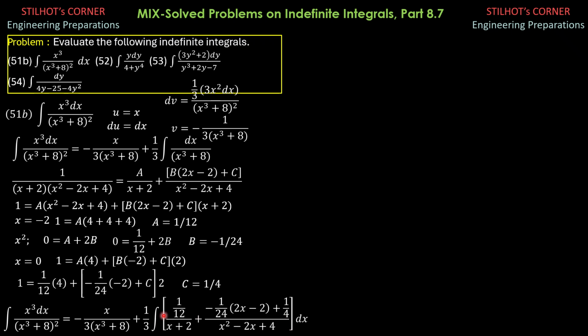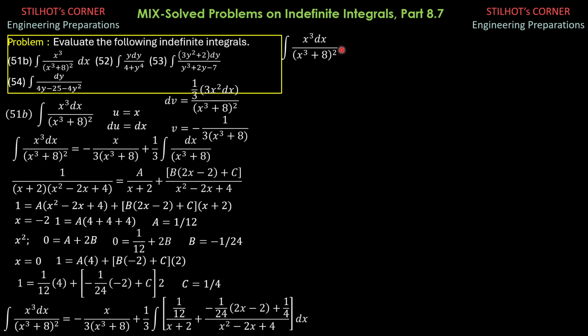So if we distribute 1/3, we have 1 over 36 ln of x plus 2. Then 1/3 of negative 1 over 24 is negative 1 over 72 ln of x squared minus 2x plus 4. Then we concentrate on the last term, 1/12 integral of dx over x squared minus 2x plus 4.